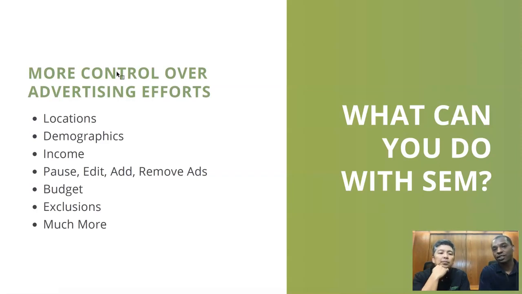You can make edits to your ads if you catch an error. You can remove ads that aren't performing, or you can add ads as you see fit. This is different than traditional marketing where you have to pull a whole campaign. With Google Ads, you're able to just edit it right on the spot, and those edits will become live within the same day.